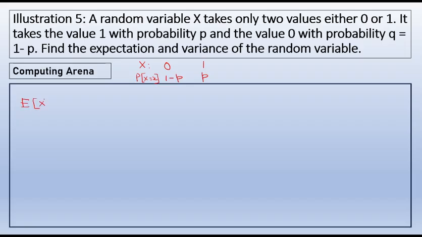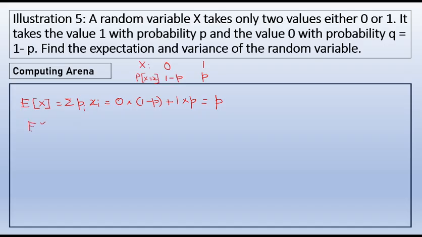Now we have to compute the expectation of x. So let us first write the formula: summation pi into xi. So this is equal to 0 into 1 minus p plus 1 into p. So these are probabilities multiplied by the corresponding values of the random variable. The first expression does not mean anything. The second one is p. So expectation of x is p. Now let us compute expectation of x squared.